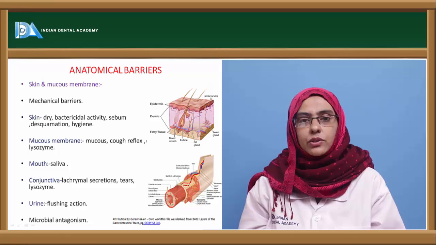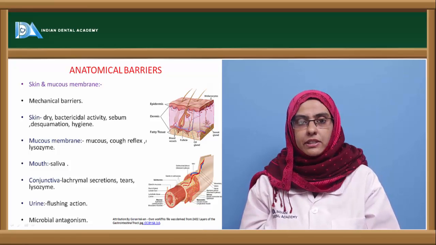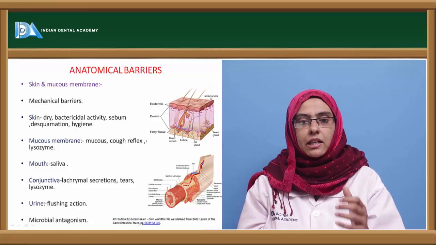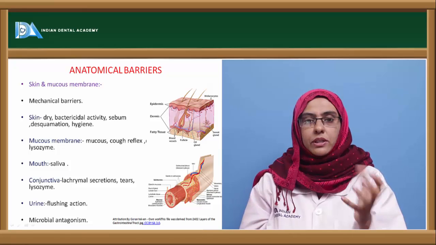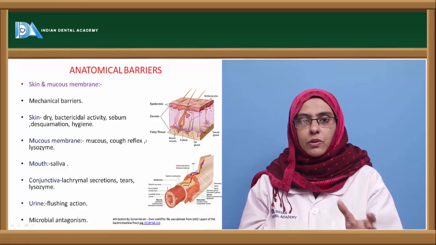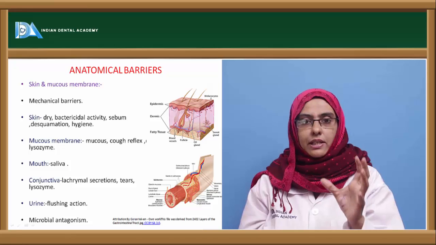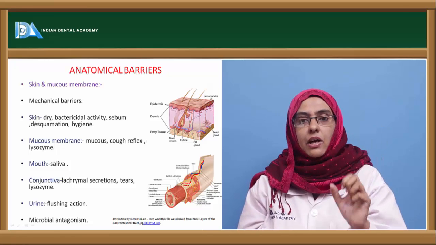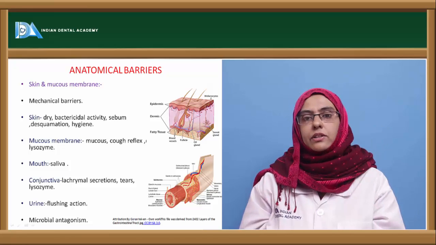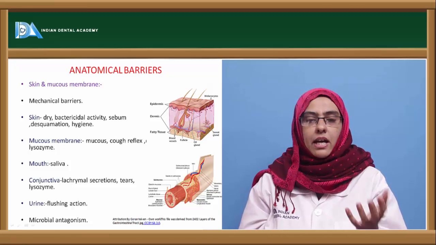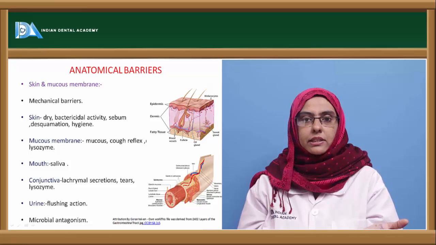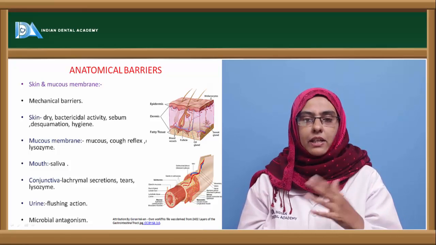All these tracts are usually covered by a mucous membrane, which is a thin membrane that secretes a mucous substance called mucus. This mucus traps the organisms, collects them and transfers them to the stomach, where they are killed by the acidity of the hydrochloric acid in the gastric juices.